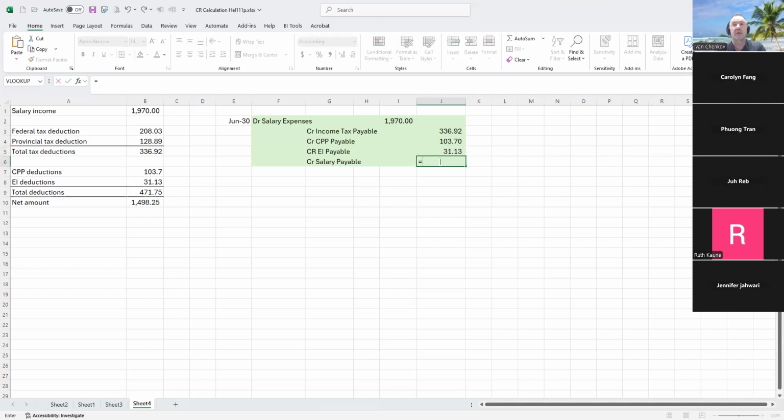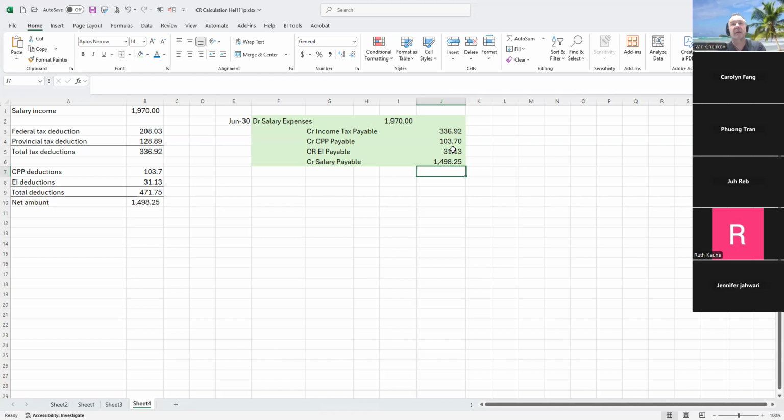And the employee is gonna say, what's left for me? After you pay your taxes, your Canada Pension Plan, and employment insurance, you're gonna get $1,498.25. And that's the best you can get.